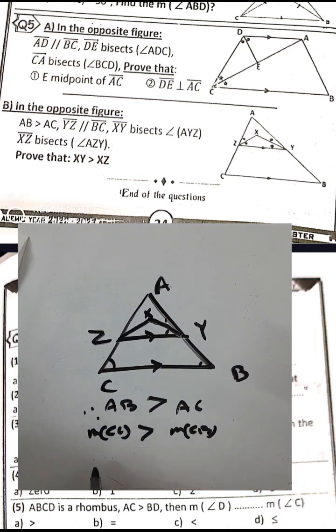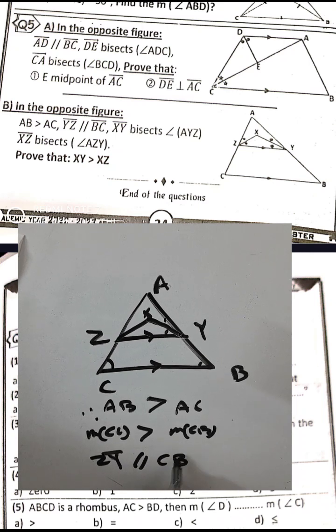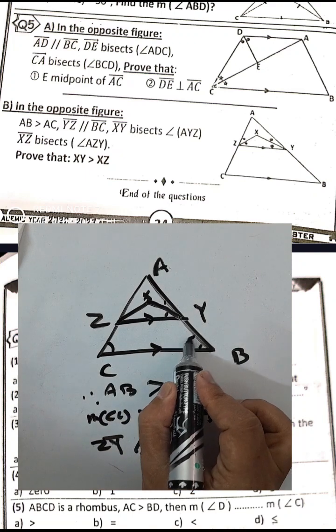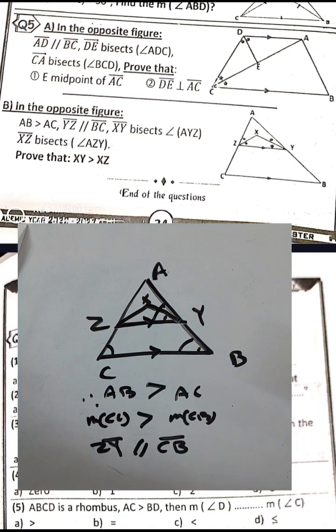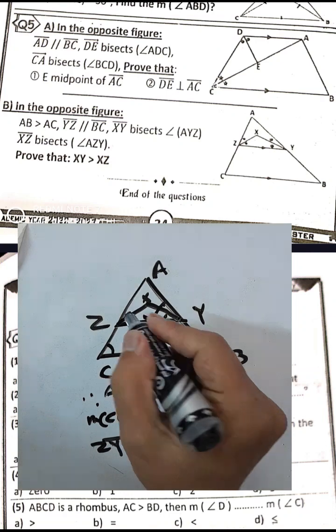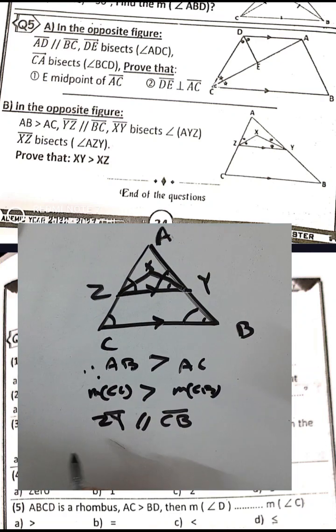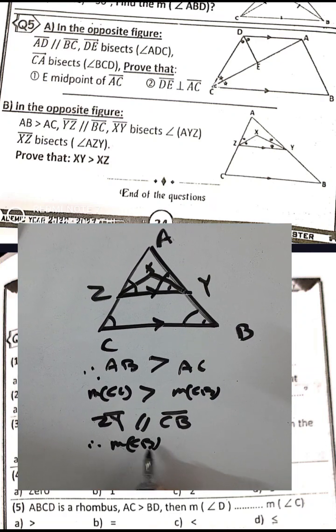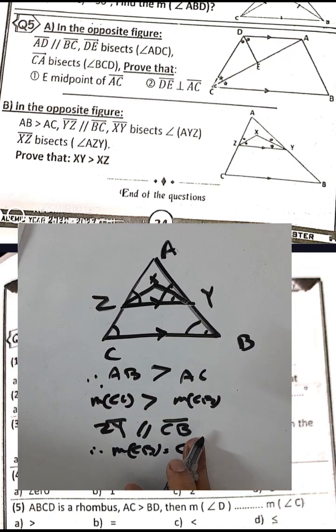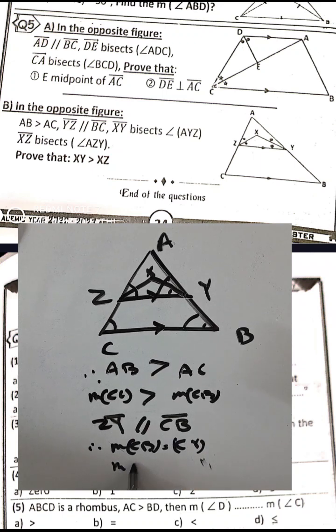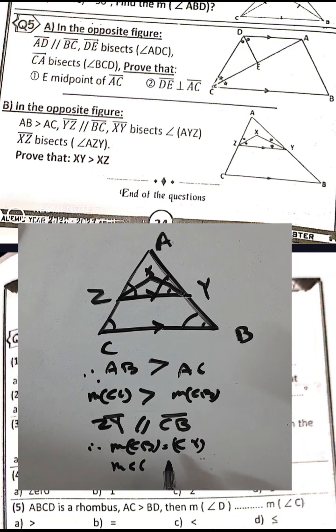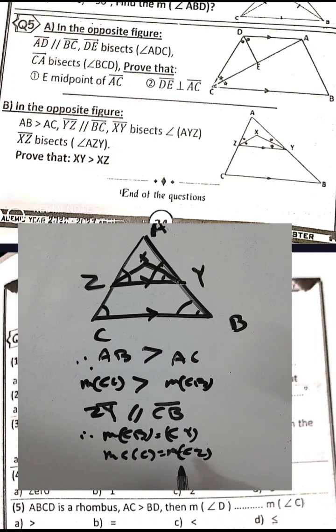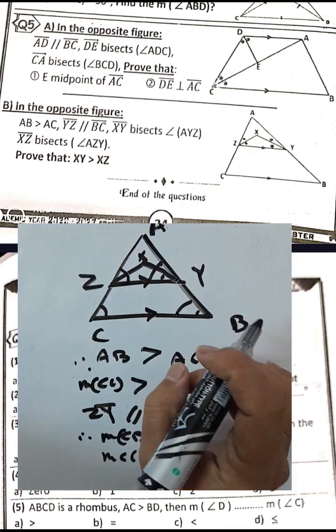Okay, and then ZY was parallel to CB, then measure of angle B equal measure of angle Y, and measure of angle C equal measure of angle Z. Okay, then measure of angle B, alternate angle, or corresponding angle, measure of angle B equal measure of angle Y, and the measure of angle C equal measure of angle Z, corresponding angles.